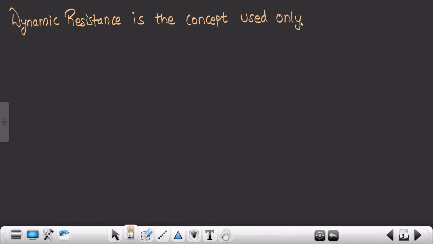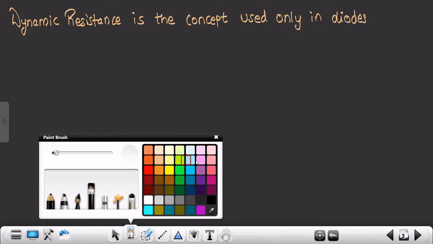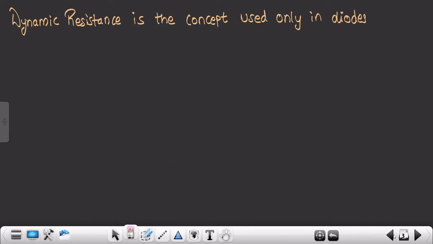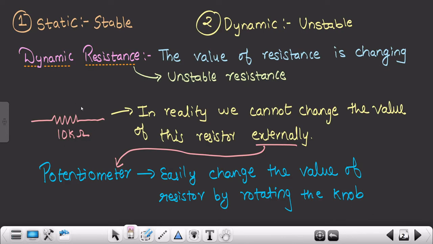Okay, only in diodes. So now we understood this particular thing, that we cannot change the value of this particular resistor. We can change the value of a potentiometer, but as of now we are dealing with a diode, so these two particular concepts are of no use, right?